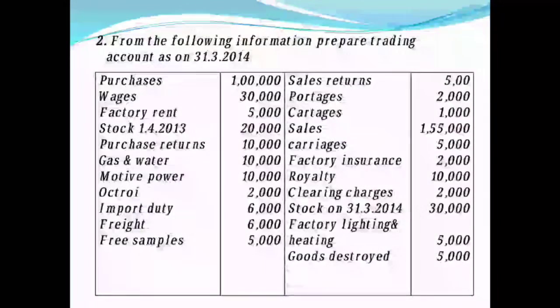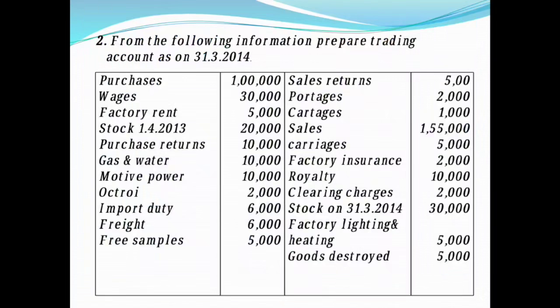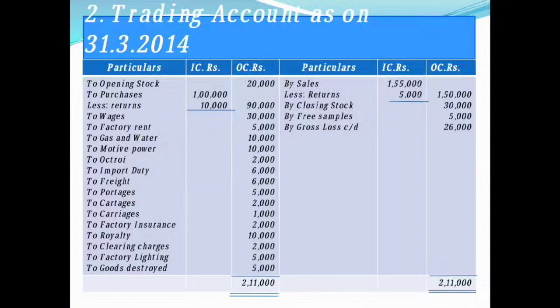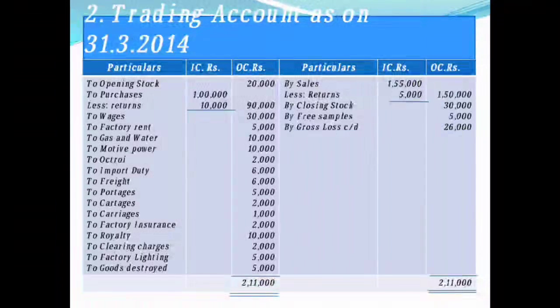Then you have portage 2,000, an expense, so you record debit side to portage rupees 2,000. The next you have cartage rupees 1,000, debit side to cartage rupees 1,000. The next you have carriage rupees 2,000, debit side again, to carriage rupees 2,000.